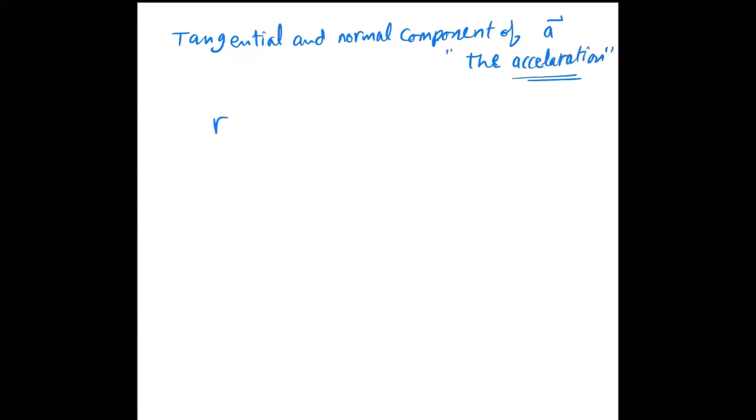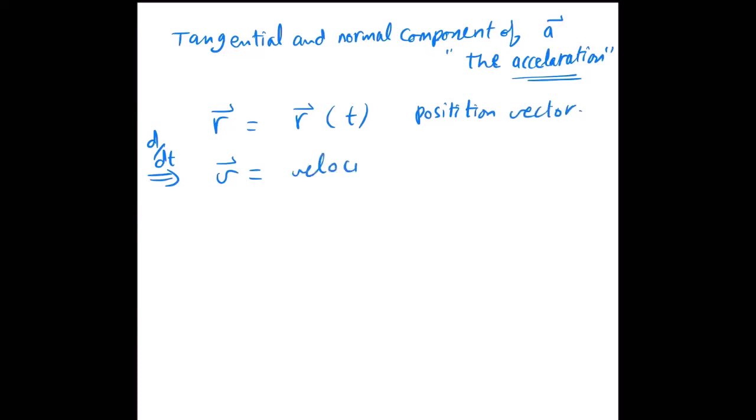When we have R, the position vector as a function of t, and we differentiate, we get V, the velocity. This is the position vector. This is the velocity vector, which is R prime of t. That's it.